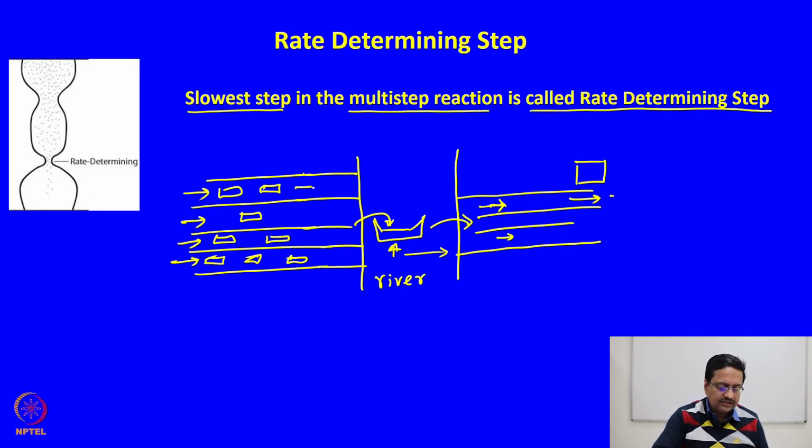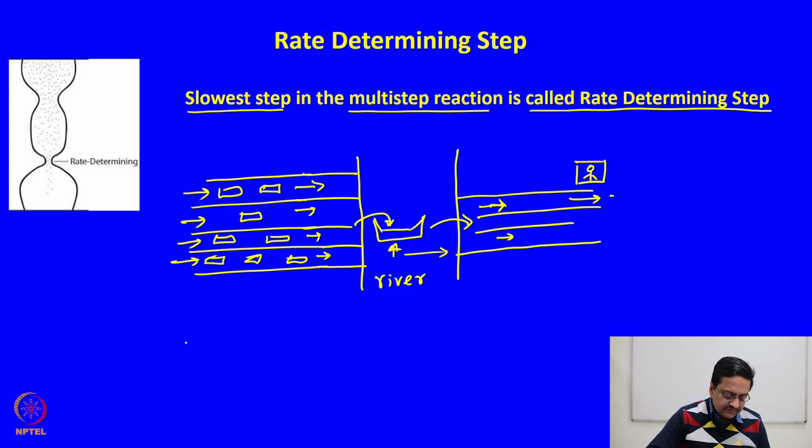So, no matter how fast these cars were moving towards the river bank, the number of cars that you would observe on the other side of the river is based on the speed at which this ship transfers the cars to the other side. So, this transferring of the cars from one side to the other by the ship is the slowest step, and this determines the rate of your counting of cars on the other side of the river. So, this is the rate determining step.